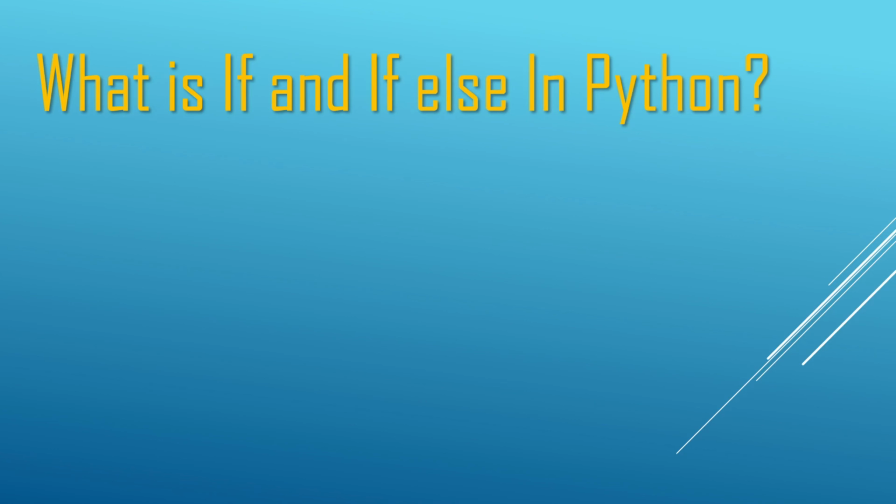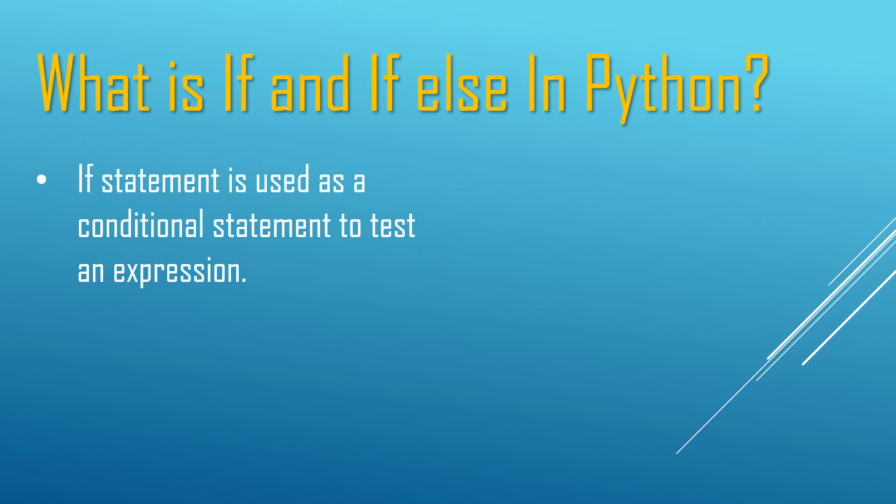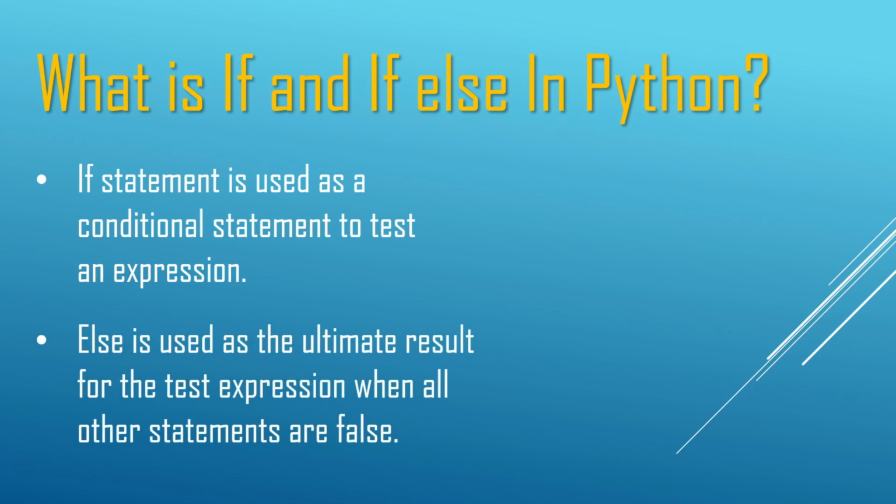If is basically a conditional statement which has a test expression, and if the expression is true then the body of this statement is executed. Similarly, when the test expression is false, the execution moves to the next block, which is going to be the else block, and it is executed.